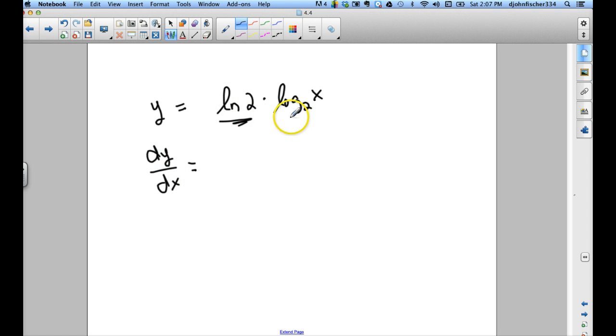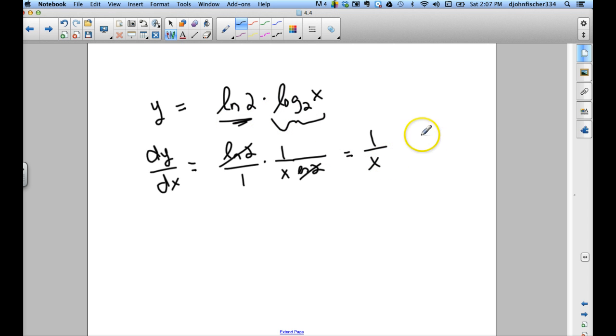Take the derivative of this. Well, the derivative of this first is 1 over x natural log of 2, times, now we're bringing this back in, the natural log of 2 will cancel off, so the derivative of this function is just 1 over x, but x has to be greater than 0 because you can't plug in a negative number there.